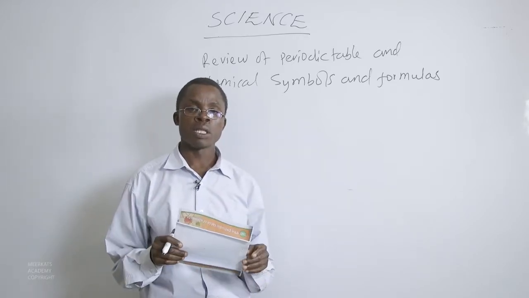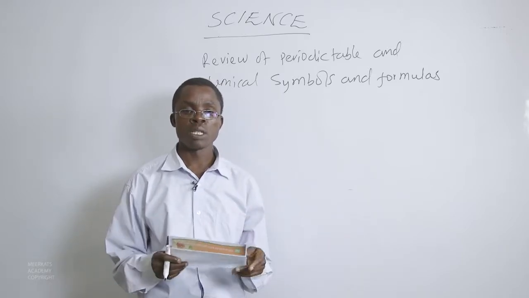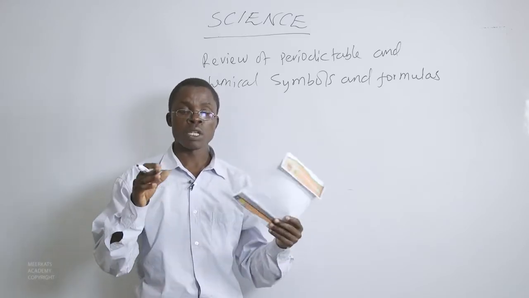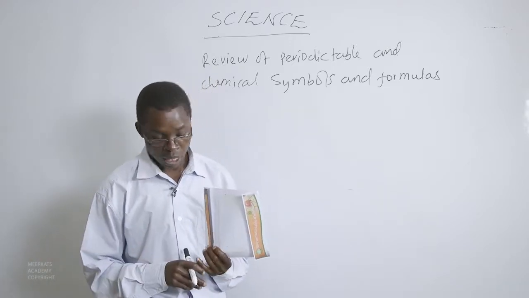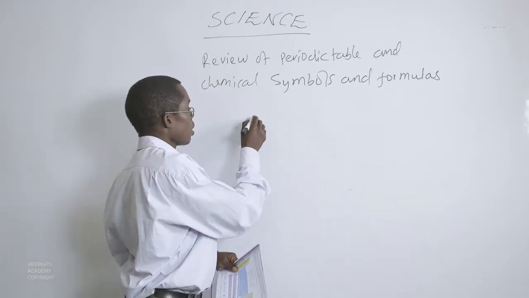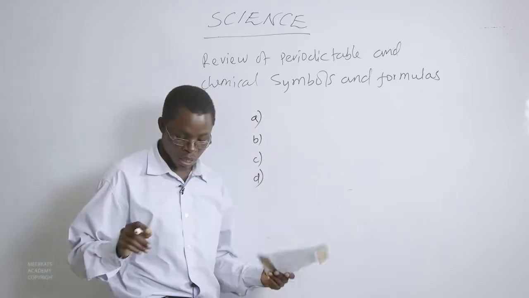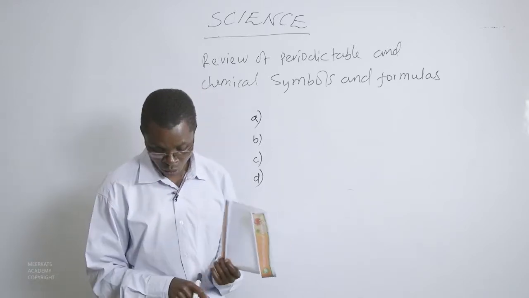You can remember the story of how the periodic table was developed and there are so many scientists that were involved. So out of the list, as we covered earlier, let's predict the correct response of the scientist that was involved in developing the simple table, which is the periodic table.